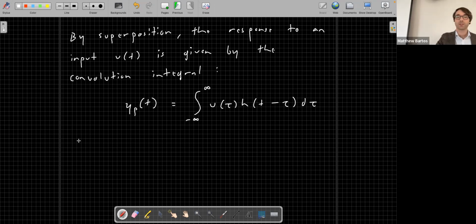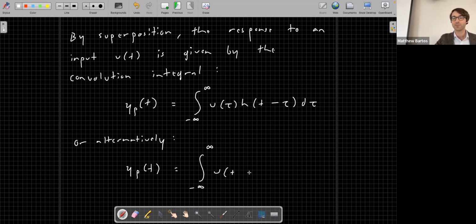Or alternatively, and I know this will be confusing for a second, but I'm going to draw a picture to make this more clear, the particular solution, we can change the arguments: u of t minus tau times h of tau. These are both equivalent. Okay, so this operation here is called convolution. So let me draw a picture to help clarify things.